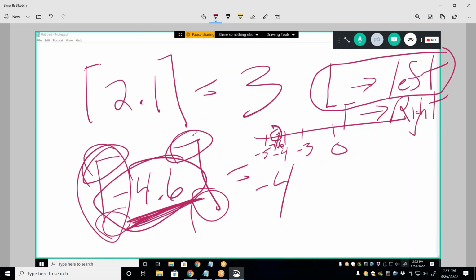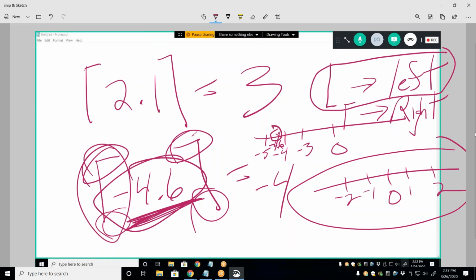As long as you can draw a number line, that's all you need to be able to do. Start with 0, put negative numbers on there, put positive numbers on there. If you can do that much of a number line, then that's all you need to do. And you should be able to do that from memory. You don't look at a book to figure out what a number line looks like.